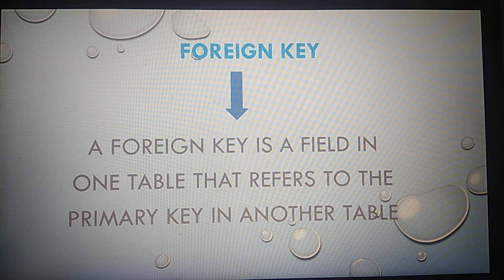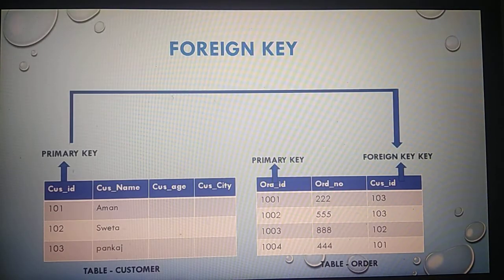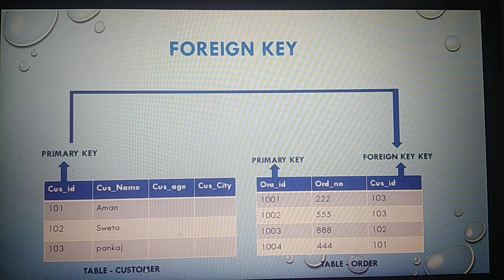Okay, let's understand this concept through an example. You can see here we have two tables. Our first table is the customer table and another table is the order table. So how many tables do we have? We have two tables.